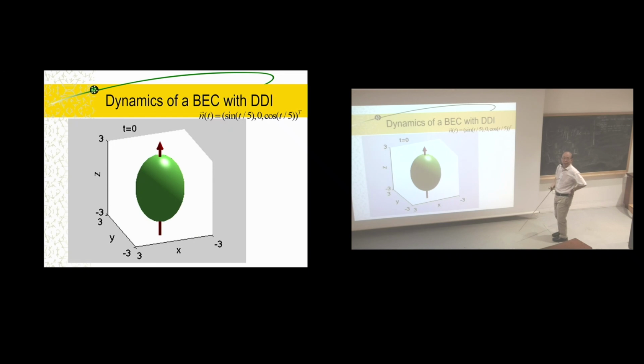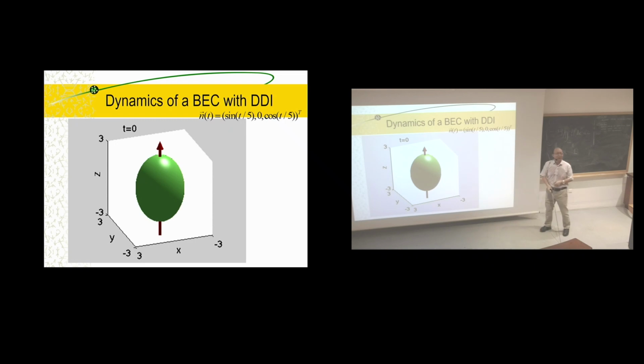Here I show using this new NUFFT approach for the dipole-dipole interaction. I show one result, a simulation of dynamics. What we do is, at t equals 0, I fix my beta, lambda, potential V, and n. The dipole orientation is n equals 0, 0, 1. I get a ground state, which is like this one, with this dipole orientation, the ground state like an ellipse.